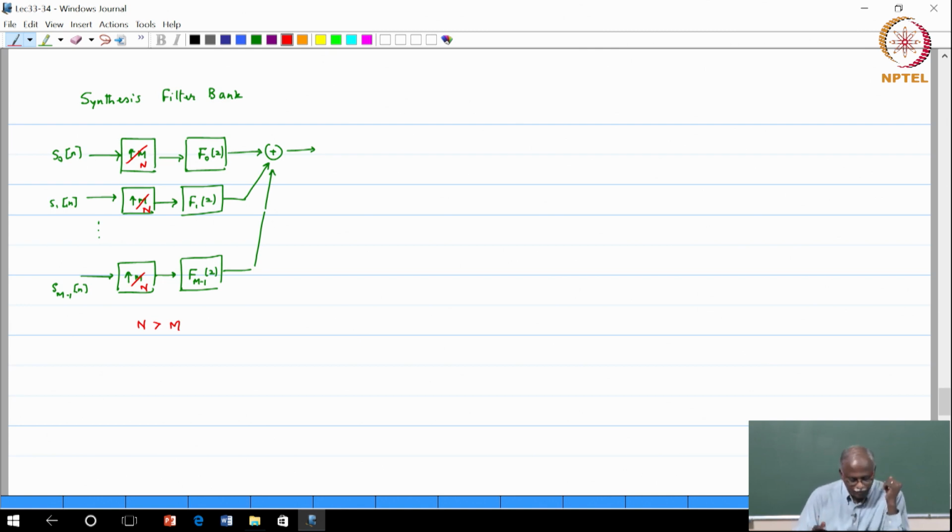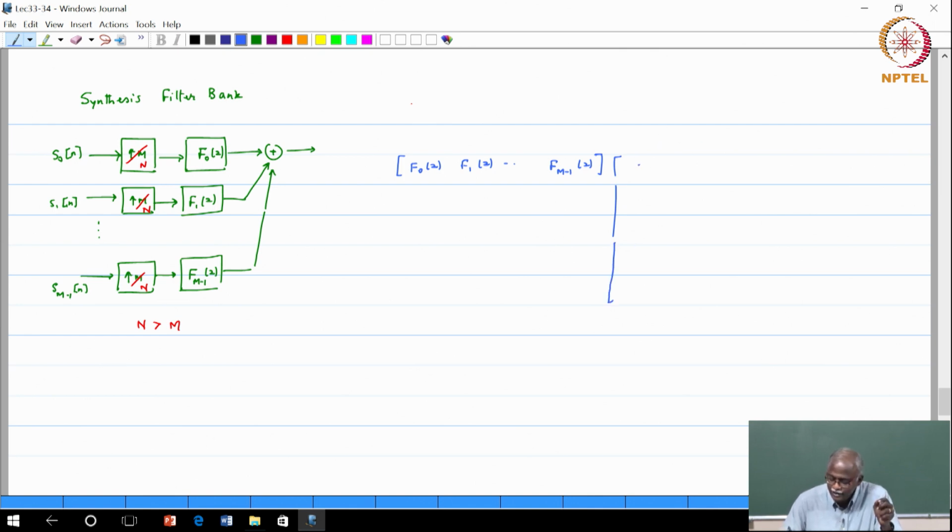Okay. Now, the way we typically represent a synthesis stage is as follows, because we want to combine it to produce a single output. So, the way this is represented is, you write it as a row vector F0 of z, F1 of z, up to F m minus 1 of z, and then a column vector which is the inputs which will get combined.